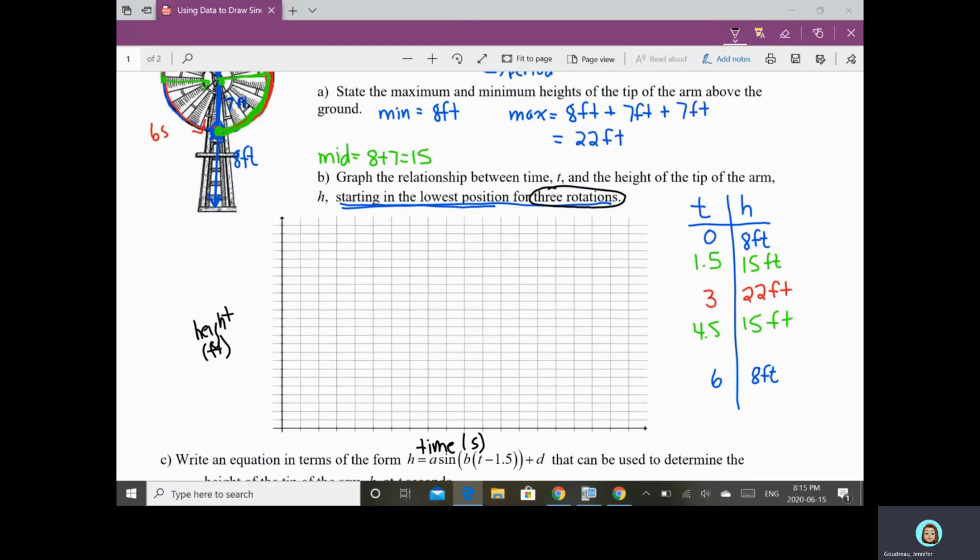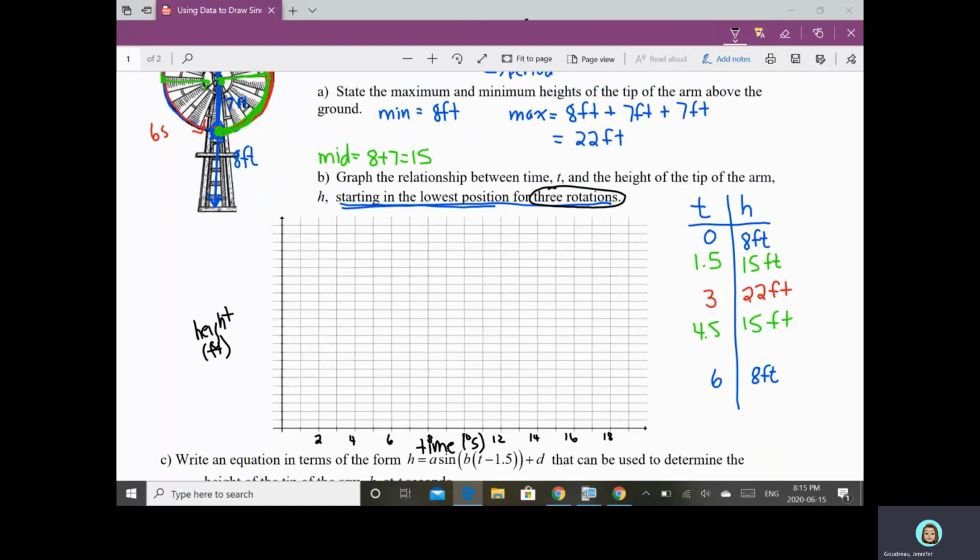We want to go through 3 of them. 3 times 6 is 18. And down here, we can actually, for the time, count by ones. I'm only going to label the 2s, but 2, 4, 6, 8, 10, 12, 14, 16, 18, which gives me plenty of room there.